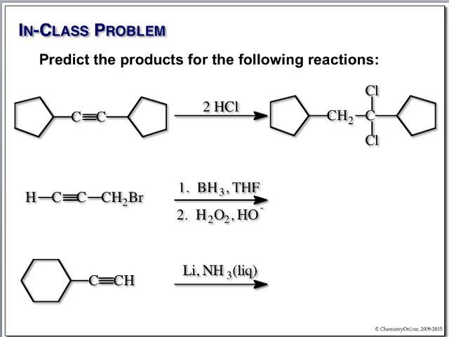Our next one, we're doing hydroboration oxidation. Now we know this is going to give us an anti-Markovnikov enol, right? Because it's a triple bond, it's an anti-Markovnikov enol. So we look at our two alkyne carbons. We have a primary and a secondary. For the anti-Markovnikov enol, the oxygen must be on the primary.